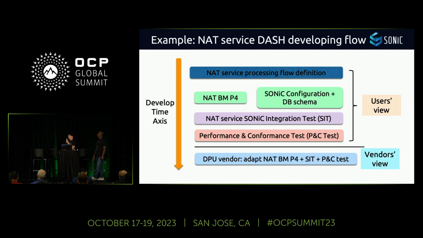Okay, here is how we do the net service. That's an example. First, we define the net service in the net service behavioral model, and then we describe it with the net behavioral model P4 code.